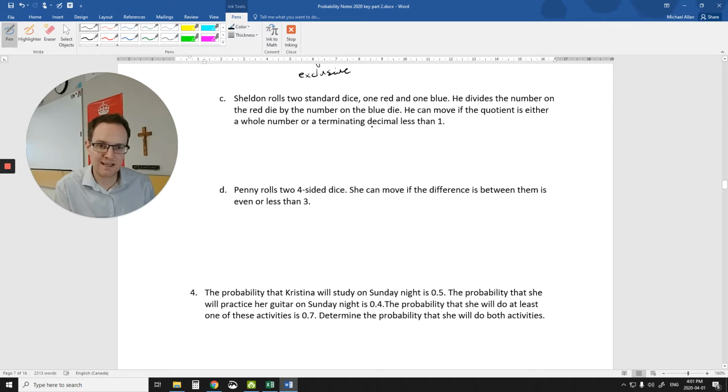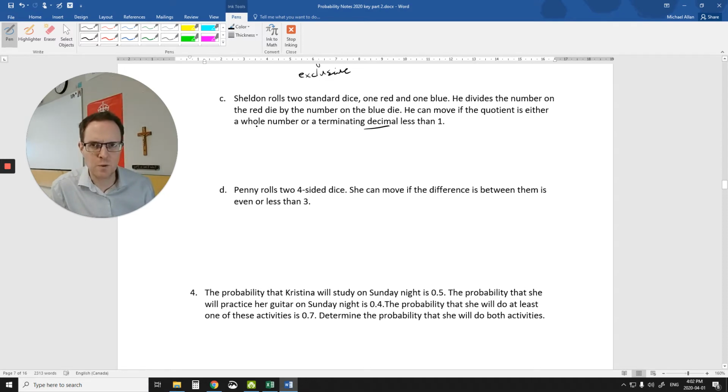So a terminating decimal less than 1 is not a whole number, right? A whole number, if you remember correctly, is a number of 0, 1, 2, 3, 4, 5, 6 with no decimals, and a terminating decimal less than 1 will never be a whole number. So there's no intersection between these 2 spots. They are totally separate from each other.